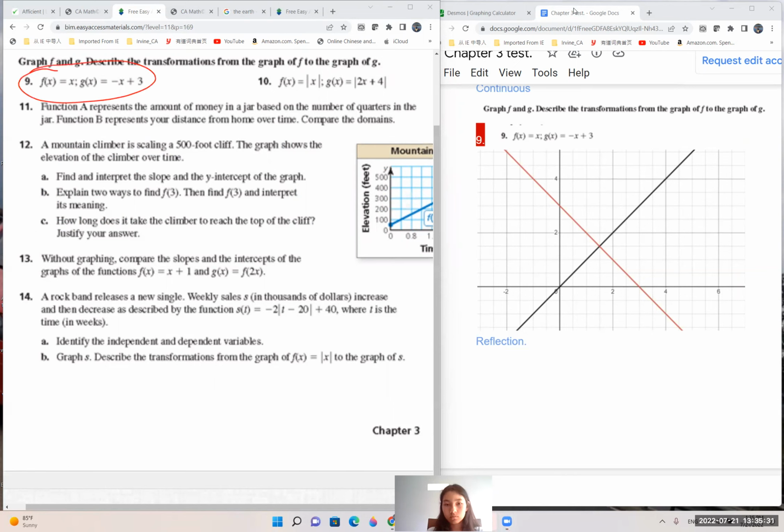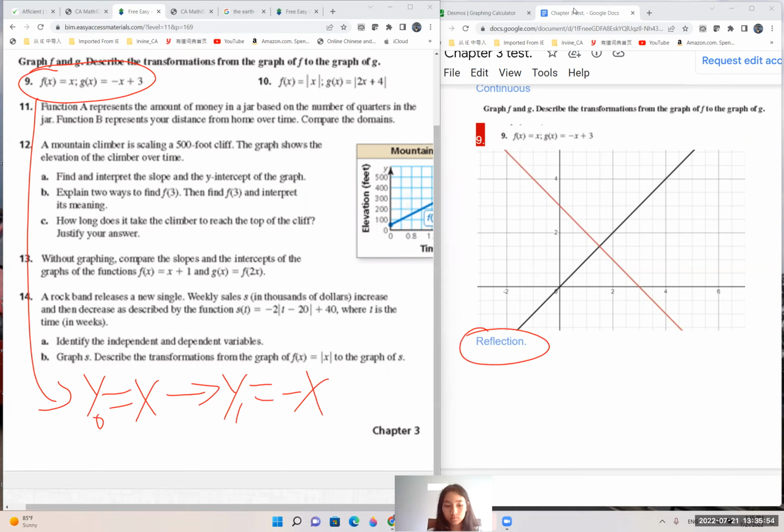Let me tell you. From y equal to x, let me call this y0, meaning the initial, then y1, I call it negative x. Yeah, you are right, this means reflection, but you should mention reflection about what? Here is interesting.